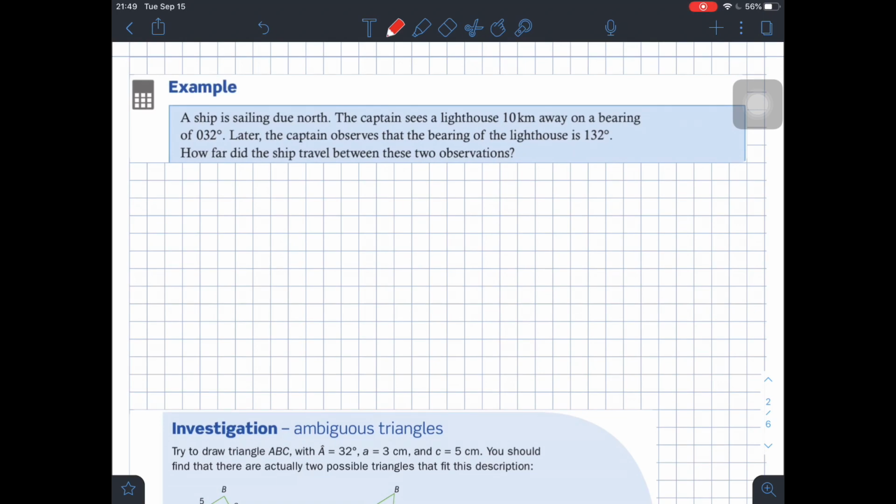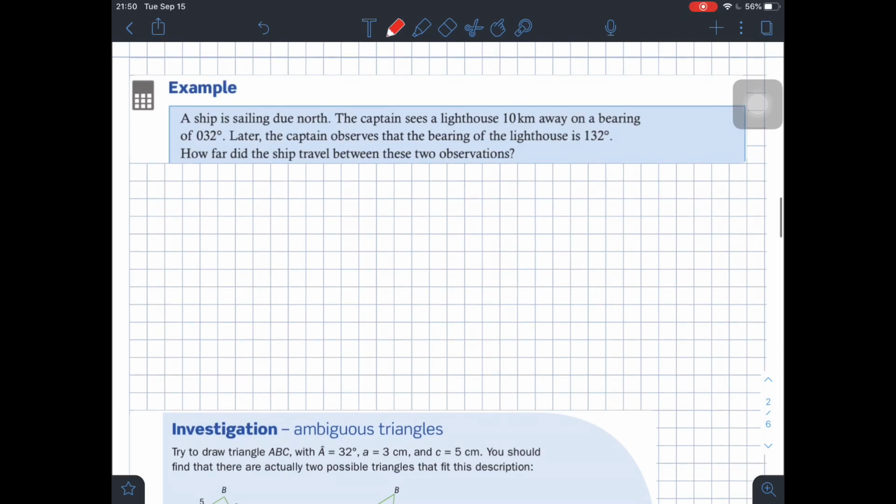So first thing, the ship is sailing due north. That means that it is always going north. Okay. So let's say that the ship is initially right here, for example. Let's say this is the initial position of the ship. And it says, the captain sees a lighthouse 10 kilometers away on a bearing of 32 degrees.